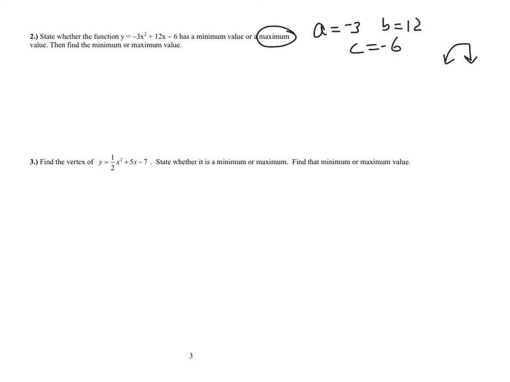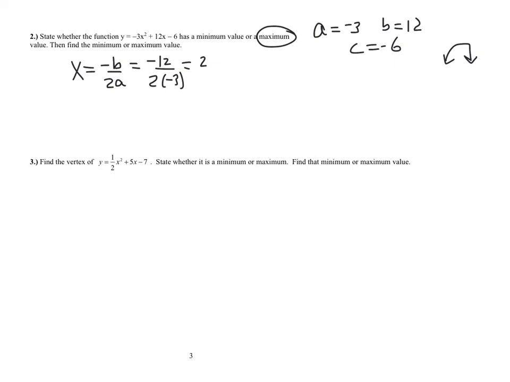I'm going to find the vertex. So x equals minus b over 2a, which equals minus 12 over 2 times minus 3, and this is going to give me 2.